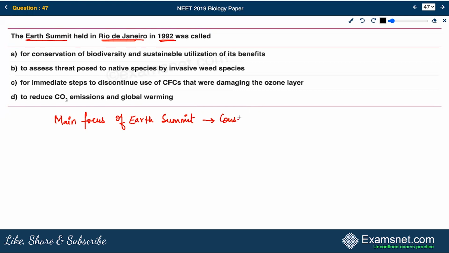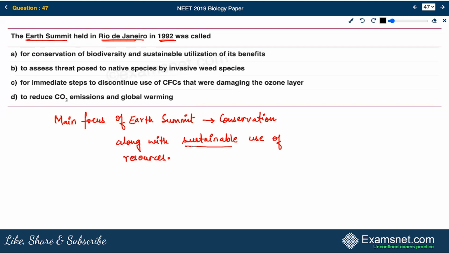So conservation, along with sustainable use of resources. Now, what do you mean by sustainable use?